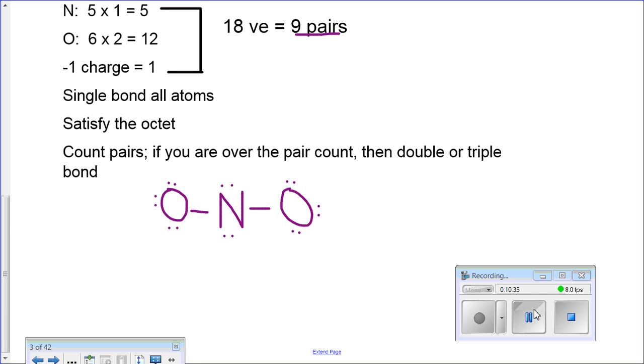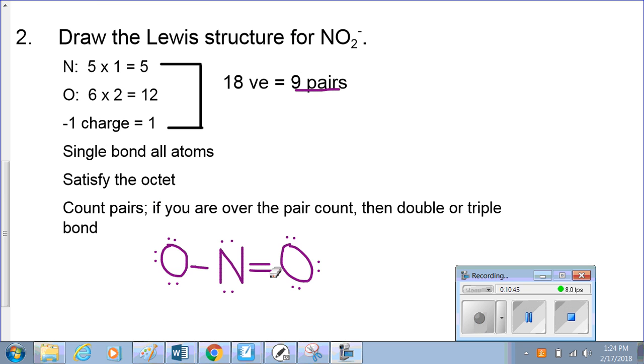Okay, so let me get my eraser. I can either double bond on the left or I can double bond on the right. This time I'm going to do it on the right. Okay, so I double bonded there. When I made that double bond, now I'm going to have to get rid of a pair or 2 pairs of valence electrons. So I'm going to take a pair off of this nitrogen, and the reason I'm doing that is because if you look right now, the oxygen on the left end is fine.